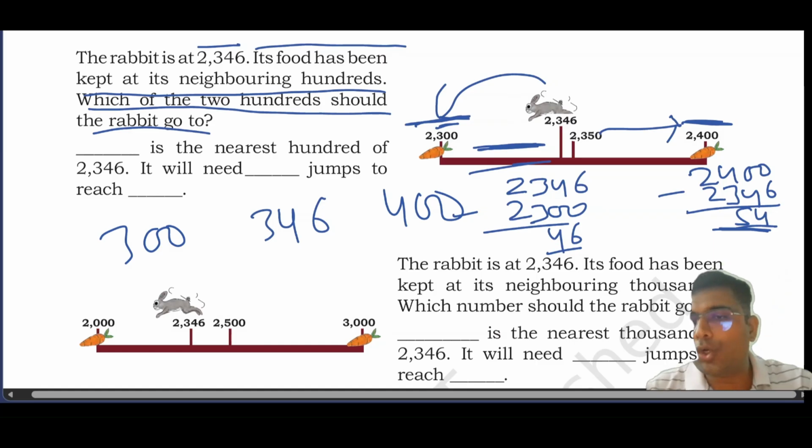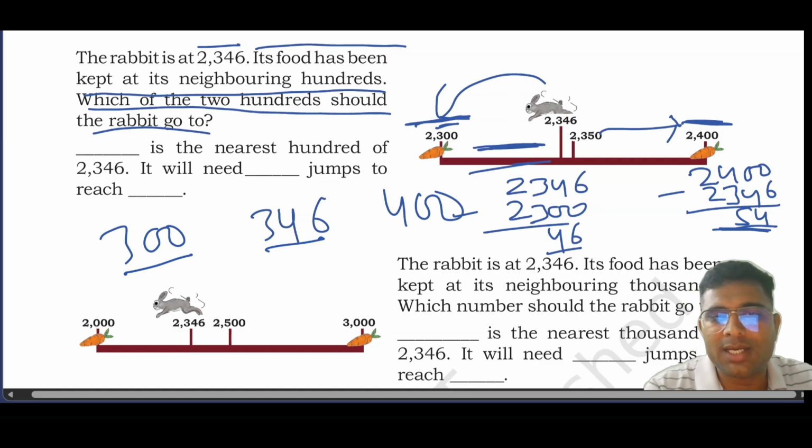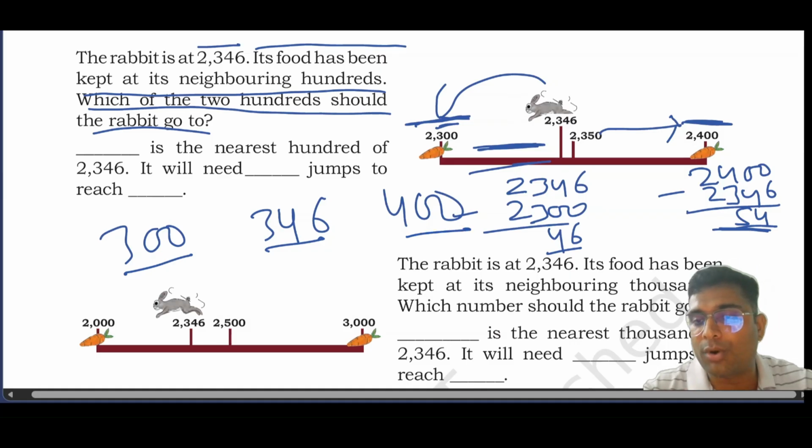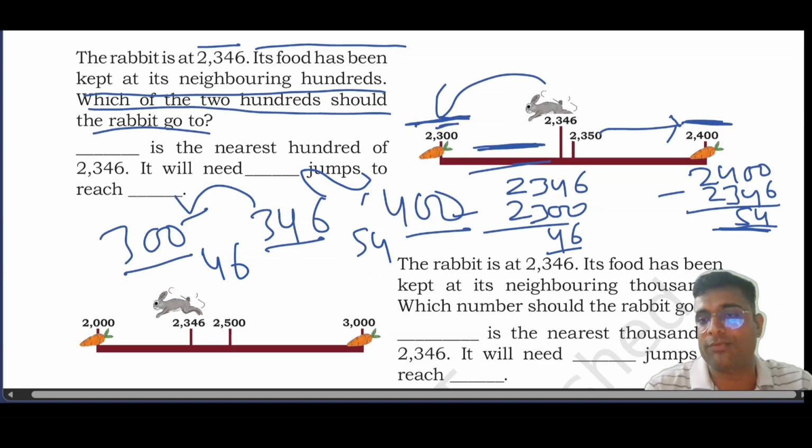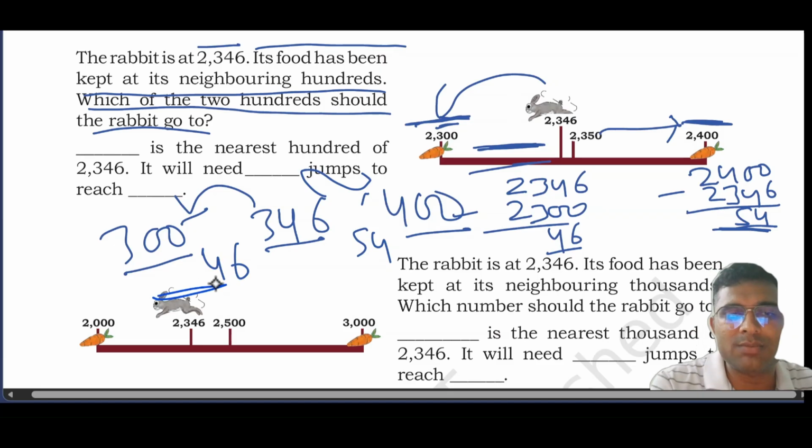So there are two hundreds around 346. One is 300, one is 400, and which is nearest to 346, bachcho? That is 300 then 400, because it is 54 steps far away, this is 46 steps far away, so this is more near to 346.